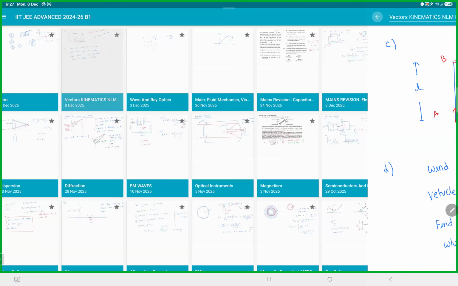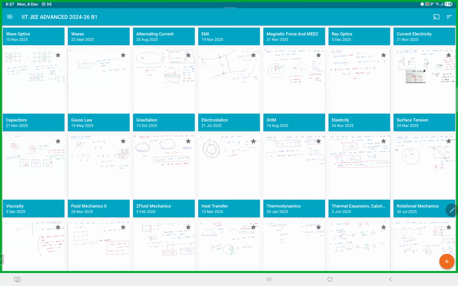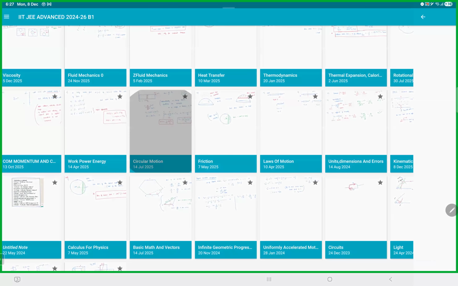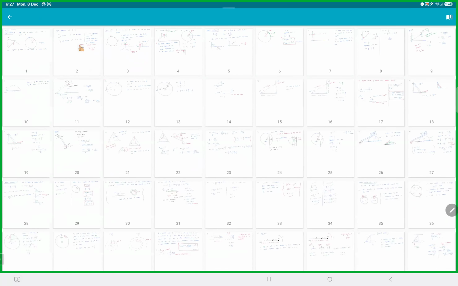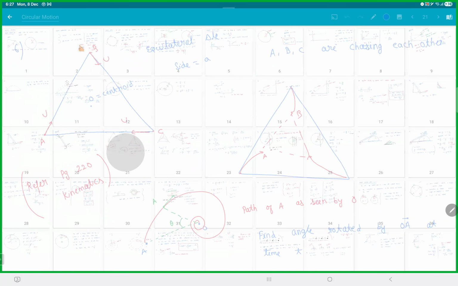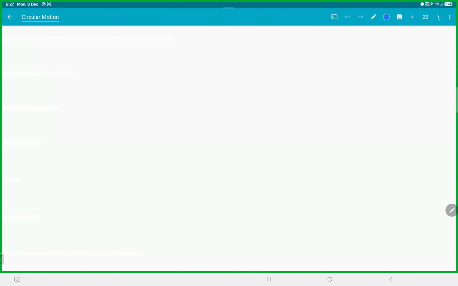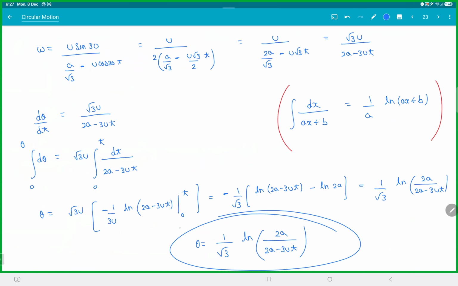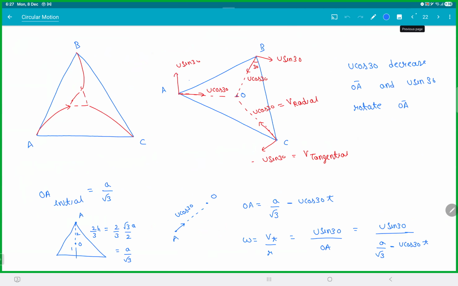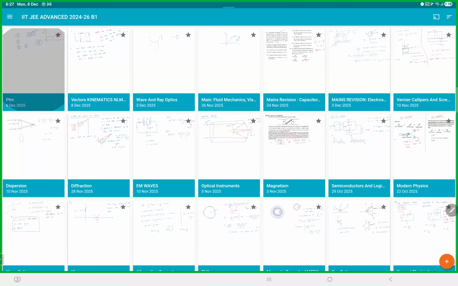In case you forgot this, you will not find it in kinematics, you'll find this in circular motion. I did it for a triangle though. So three particles are going around, and these are the velocities, and then you have to integrate and you'll get something of this sort. It's based on rotation. Anyways, give it a try and I'll show you.